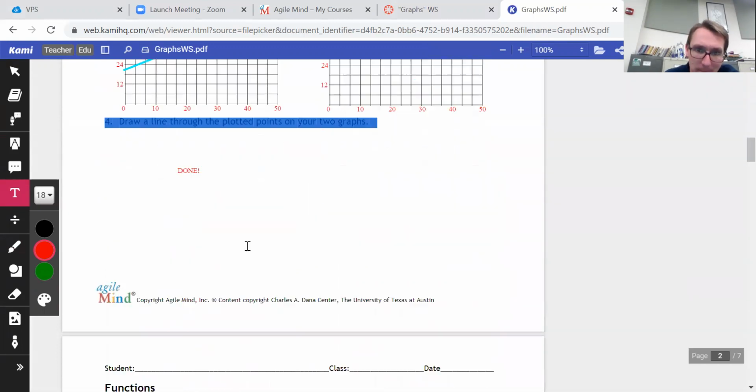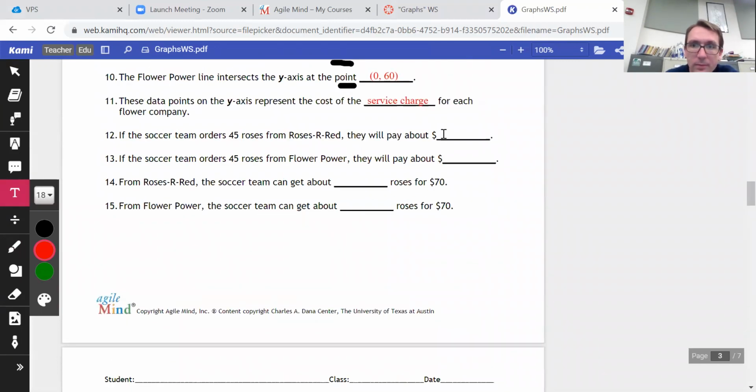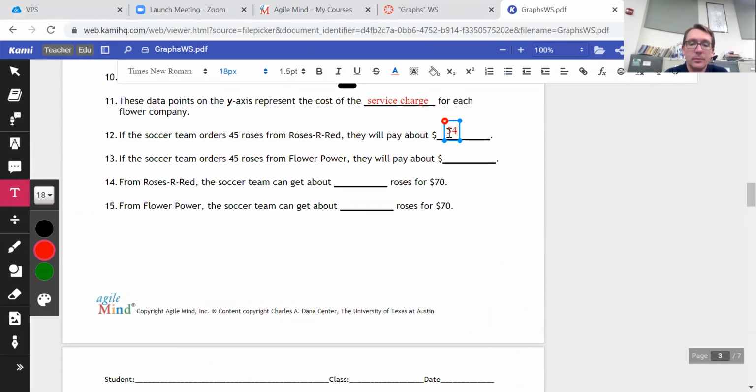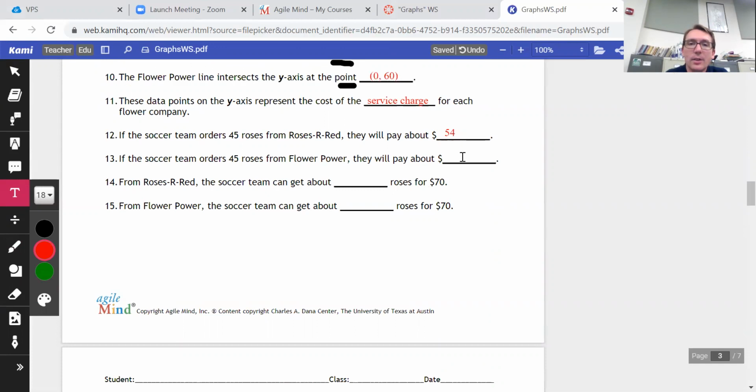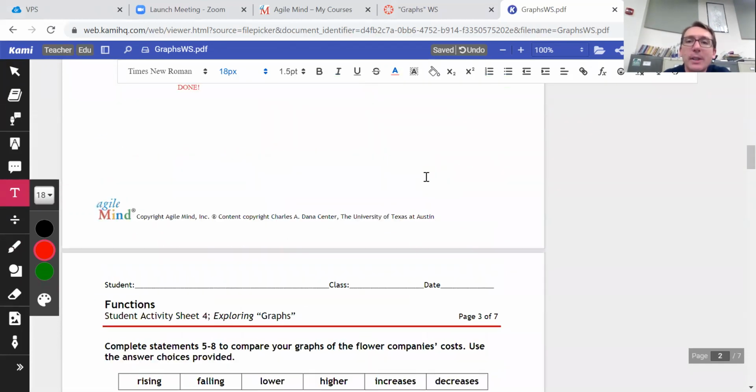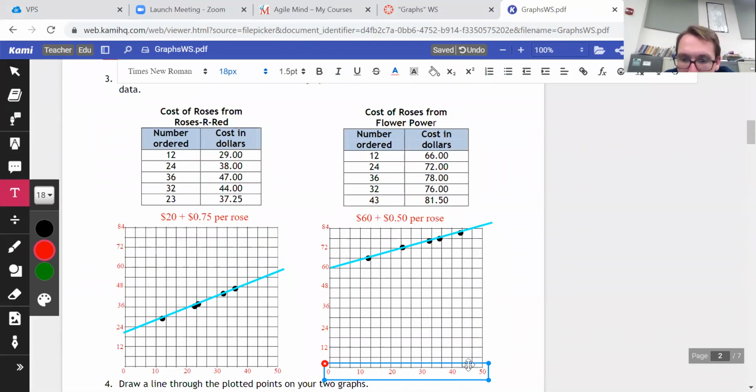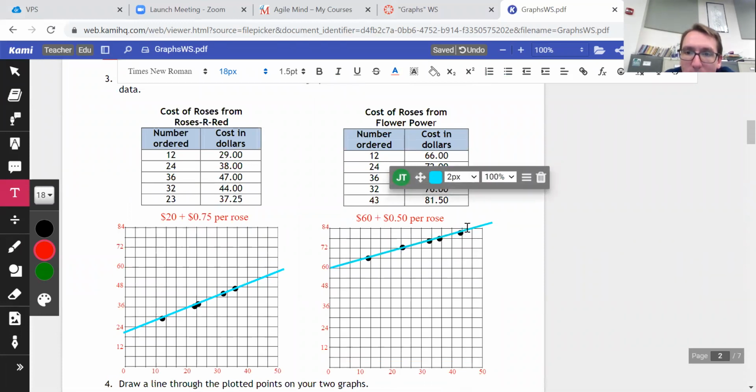About $54. Oh, they already gave me a dollar sign, so I don't even have to make one. Isn't that nice? Okay, if I order 45 from the other group, what do I have to pay? 45 is right here. Oh, like 84 or so, huh? About 84.